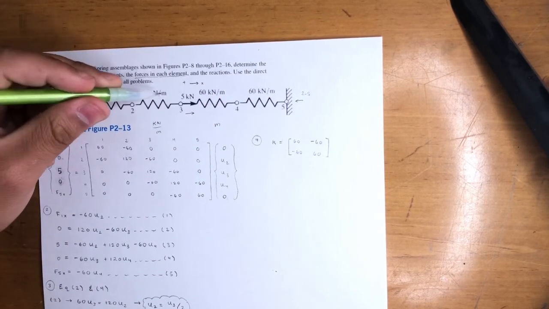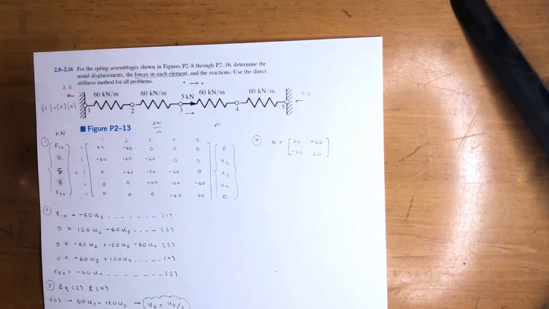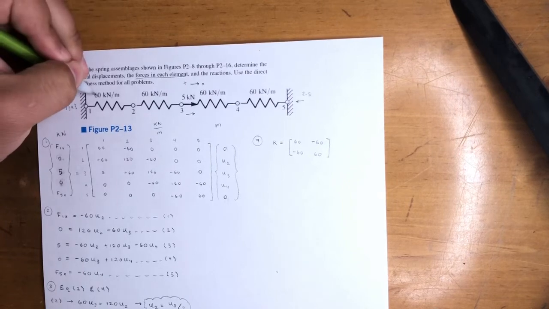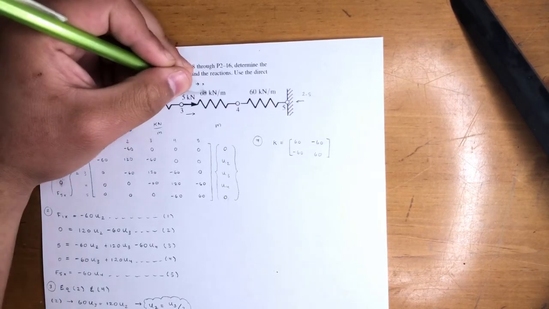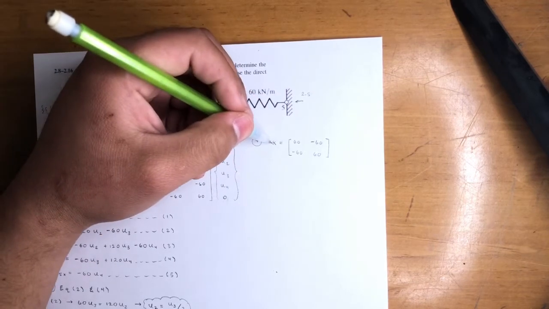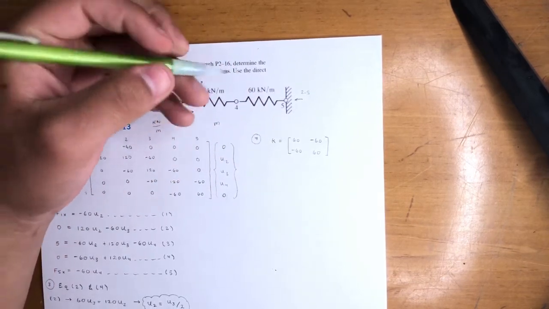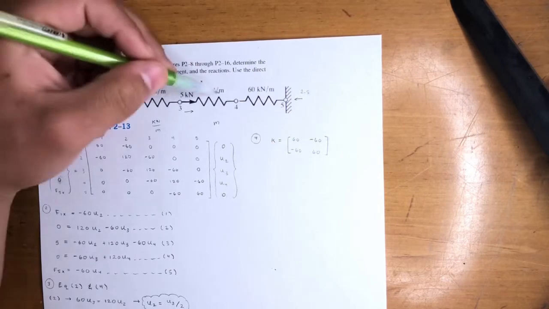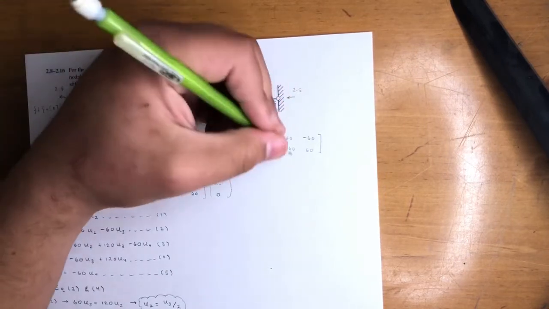They're all equal in terms of stiffness. So this is gonna make this problem a lot easier because the values are just repetitive. But if this was 60 and this was 80 and this was 120, 500, you do not use the same K. I'm only using the same K in this problem because they're all 60. Okay, so just keep that in mind.